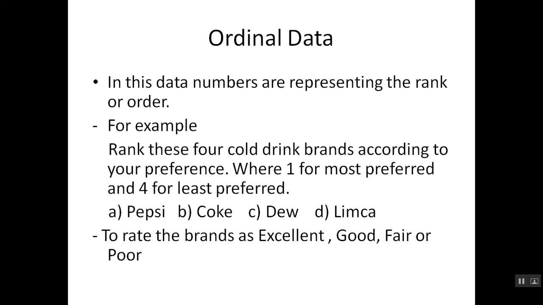So what I am trying to communicate here is that this ordinal data gives me the order but does not give me the difference between that order. Like, I like Pepsi very much, so Pepsi is at 1, but Coke, Dew and Limca, although I am providing them the rank 2, 3, 4, there is not much difference in 2, 3, 4.